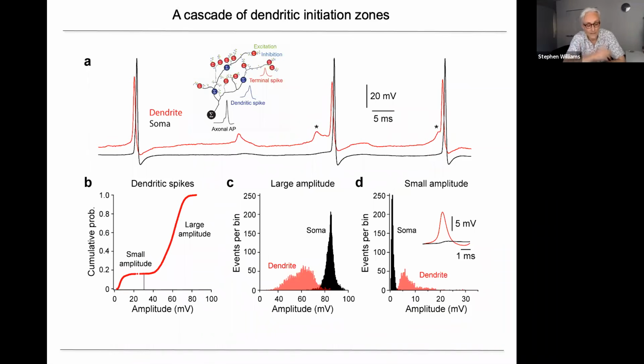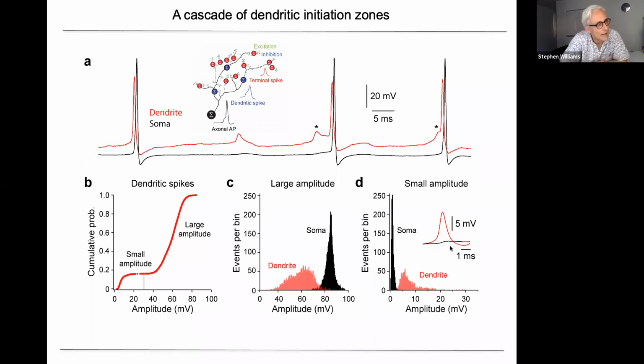But what about the characteristics of dendritic spikes? Well, actually we found them to come in two general flavors. These large amplitude dendritic spikes that precede and drive action potential firing, and small amplitude dendritic spikes that seem to have negligible impact at the level of the soma.